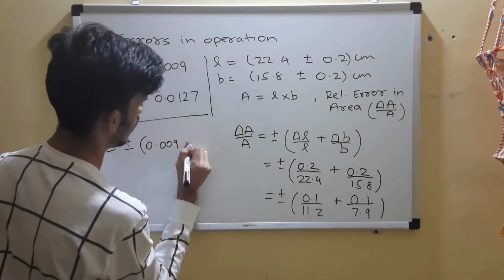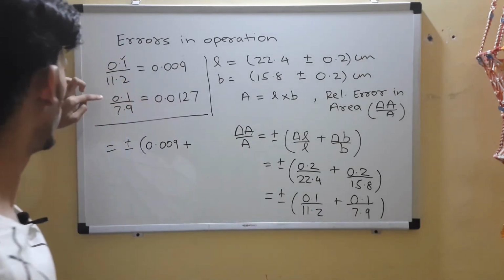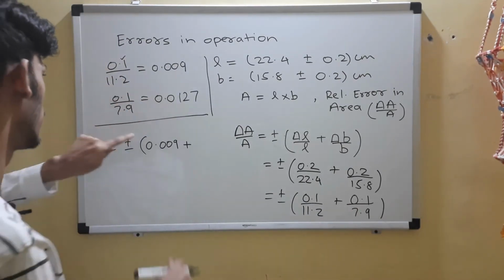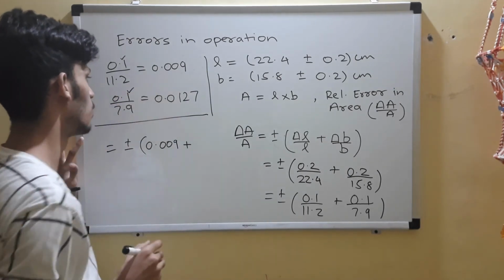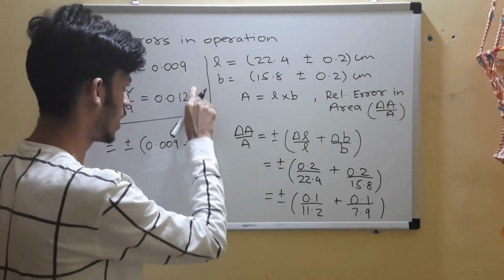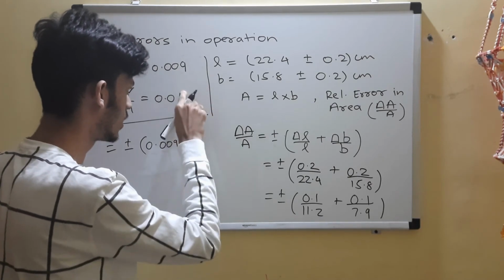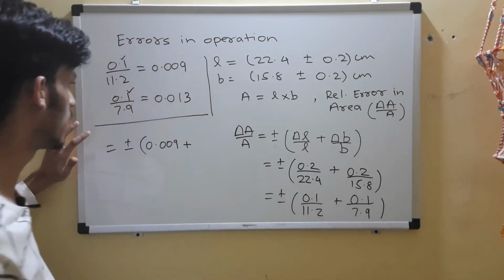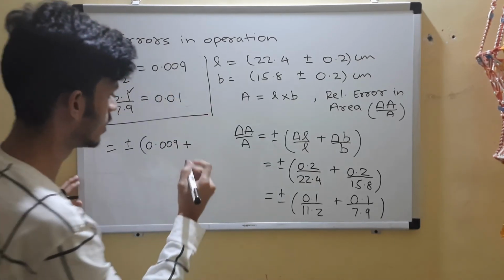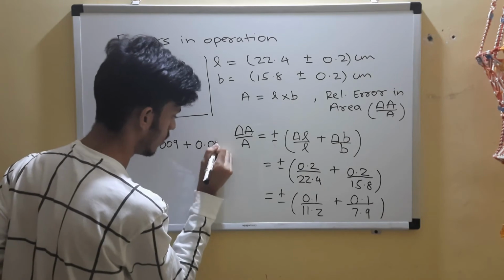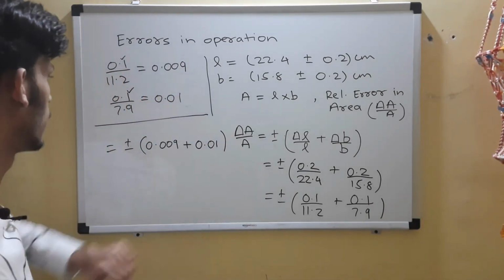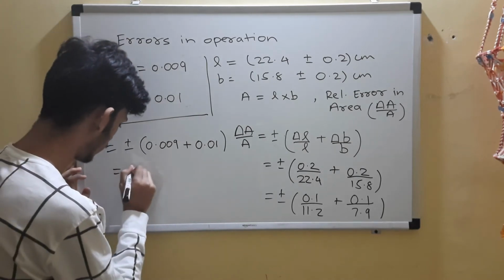Okay, fine. And plus 0.1 upon 7.9, this thing. Here also there is only one significant figure. Now let us drop that. Since we drop 7, increase this by 1, so this gives us 3. Again drop that 3, it's less than 5, so no difference, so 0.01. Now this has 1, this has 1. Now let's add them.